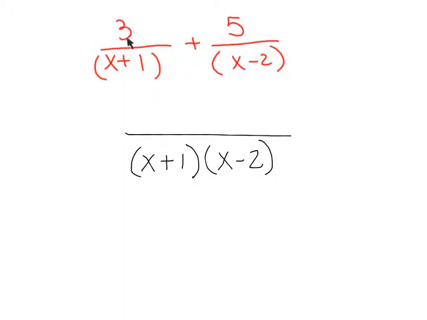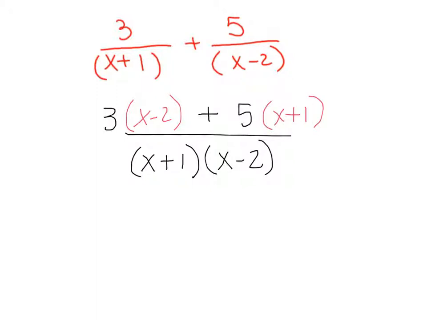And I would know that the 3 stays the same. So I'm going to leave the 3 here and the 5 here because those were already in the original problem. And then I'm just going to look in the denominator and I'm going to see, what do I not have? Well, I have an x plus 1, but I don't have an x minus 2. That goes here, x minus 2. And over here, I have the x minus 2, but not the x plus 1.